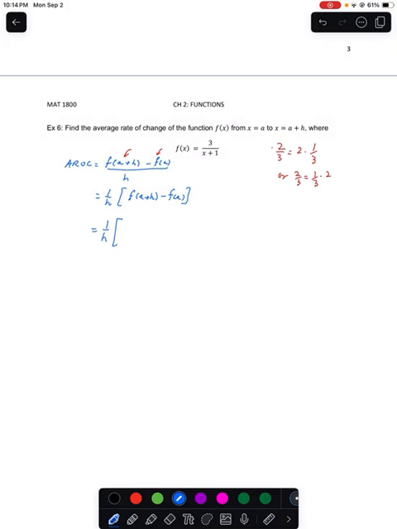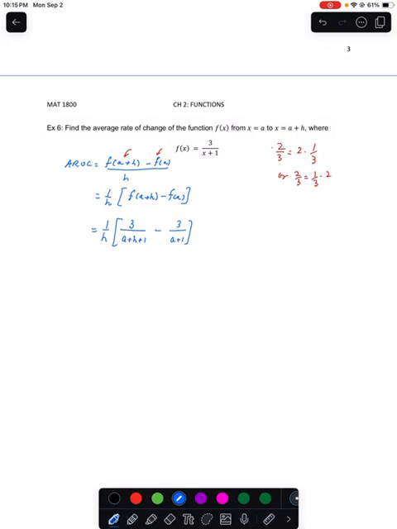Okay, so what is f of a plus h? Remember what we have to do in the function. Where you have x, you replace it by a plus h. So 3 divided by a plus h plus 1, minus f of a, which will be 3 divided by a plus 1.